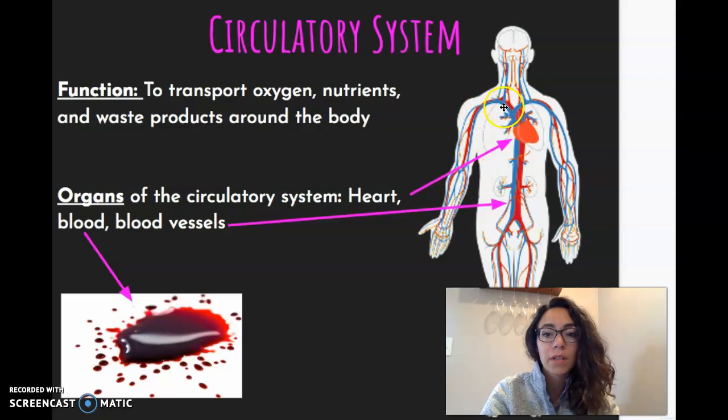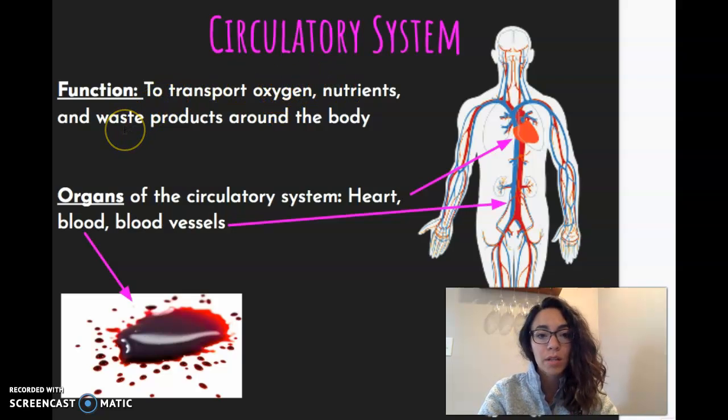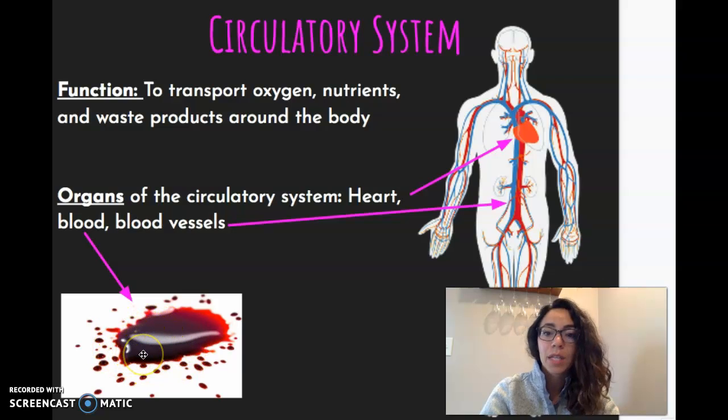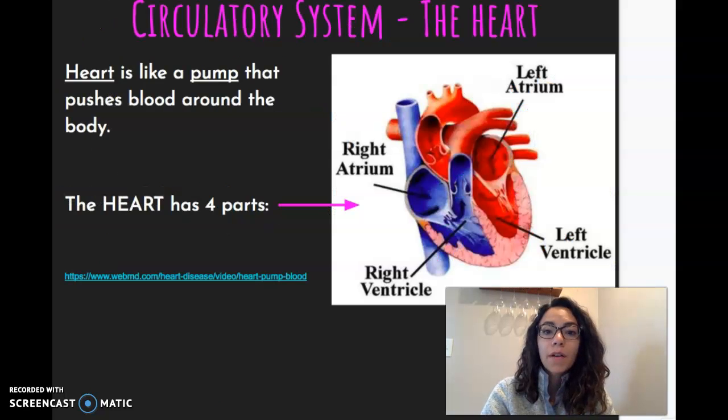We're going to just say blood vessels for now that carry blood around. Blood is that liquid that's inside of your blood vessels. And this is the substance that is carrying the oxygen, nutrients, waste products like carbon dioxide. All of that is inside of the blood. And the blood is moving around the body to deliver the oxygen to the cells because cells need oxygen to make energy.